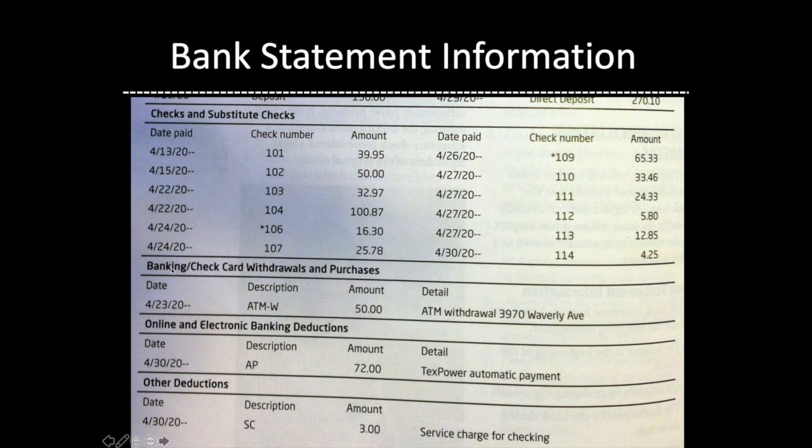It also has check card withdrawals. You went to the ATM, got $50. You had an automatic payment of $72 and any other deductions like the service charge right down here for $3. And so that's all the information that's shown on your bank statement, and yours might look a little bit different than this, but basically contains the same type of information.